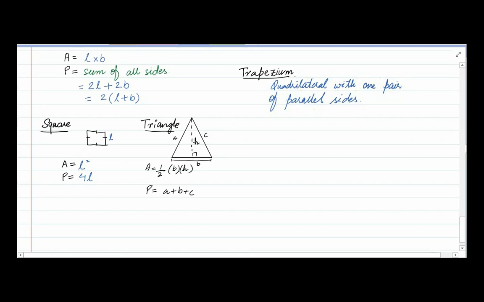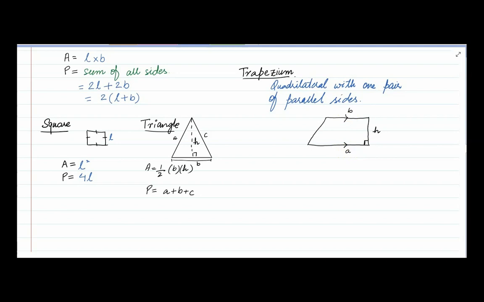So our trapezium is a quadrilateral in which there is only one pair of parallel sides. If we draw the figure of a trapezium, that is a general description of a trapezium in which these two sides are parallel, and that is our height. Randomly I am going to assign the variables. I am saying that this length is A and this is B.